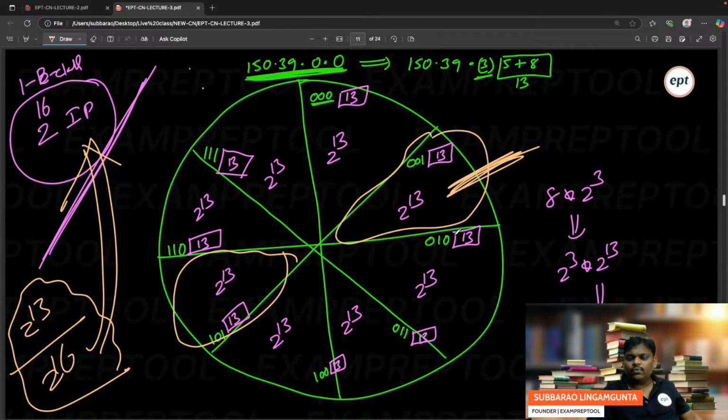Let me ask you. Suppose only one subnet is there, how many IPs are wasted? Only one subnet. Please give the answer fast. How many IPs can I use per host?